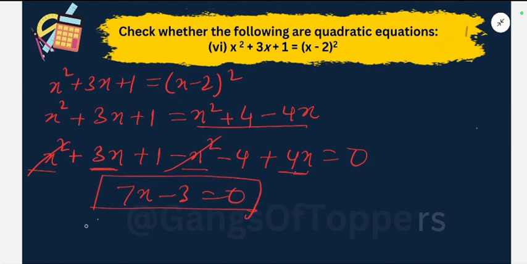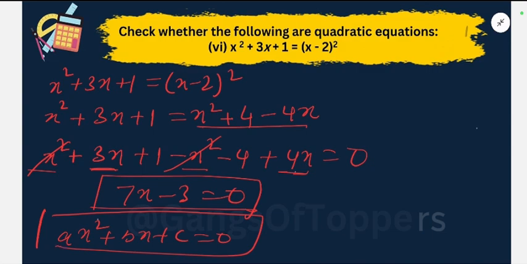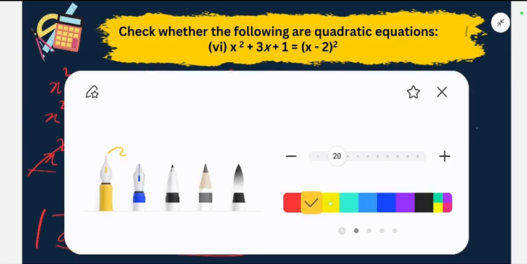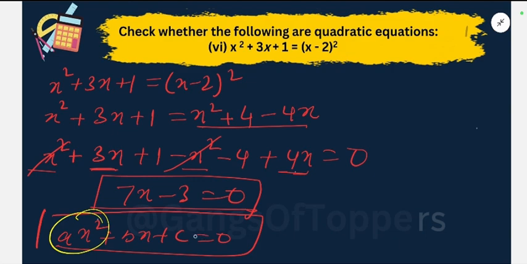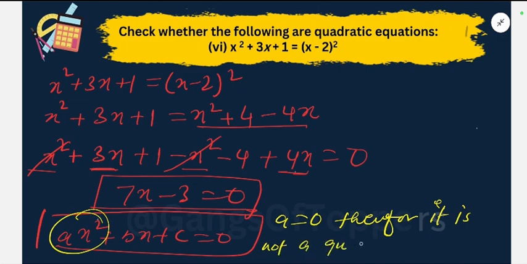Now if we compare this equation with the general equation, that is ax square plus bx plus c, here the x square component is missing, since a equals to 0, therefore it is not a quadratic equation. Okay, let's take another question.